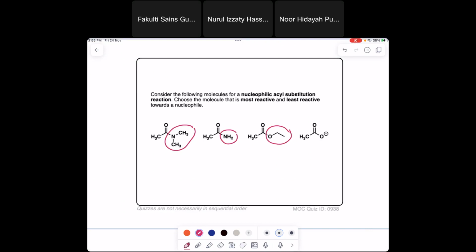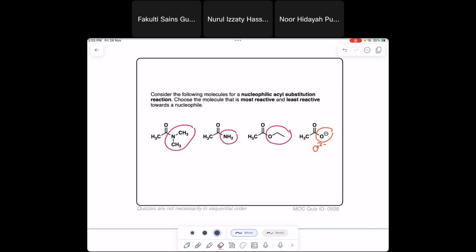Okay. So kalau kita tengok kat sini, of course lah, okay, acetate lah kan yang kat ujung is by far the least reactive kan, sebab kalau leaving group dia will be O2 minus kat sini kan.